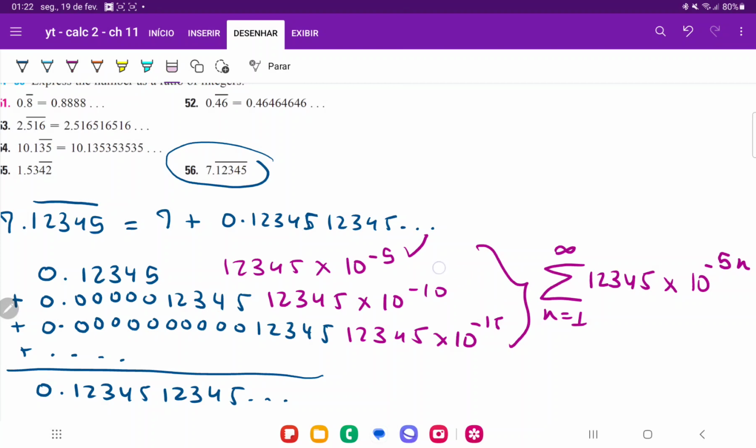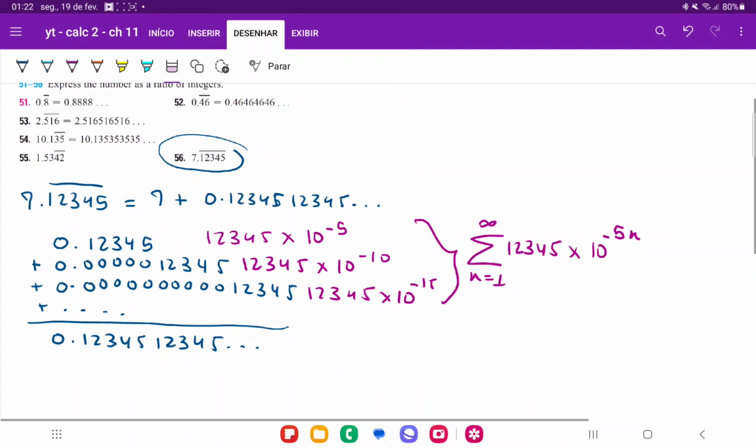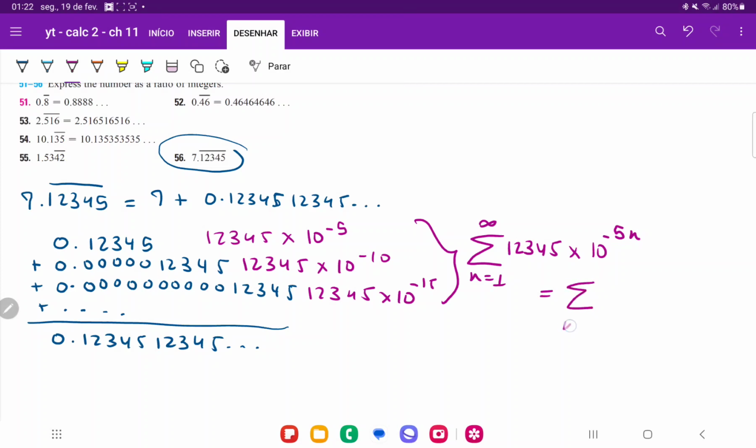So once we have expressed this, we are almost good to go, except that we want to turn this into just 10 to the power of n, so we want to simplify this a little bit. To simplify, we can notice that that's the same thing as the sum from n equals 1 to infinity of, we're going to get rid of this minus, so that's going to be 12345 times 1 over 10 to the power of 5, to the power of n.